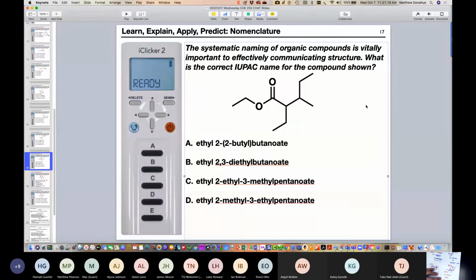Now note what I'm going to do in terms of the numbering. Oh, I see what you guys are doing, where you came up with 6. So you're counting 1, 2, 3, 4, 5, 6, right? So you're counting down this way.